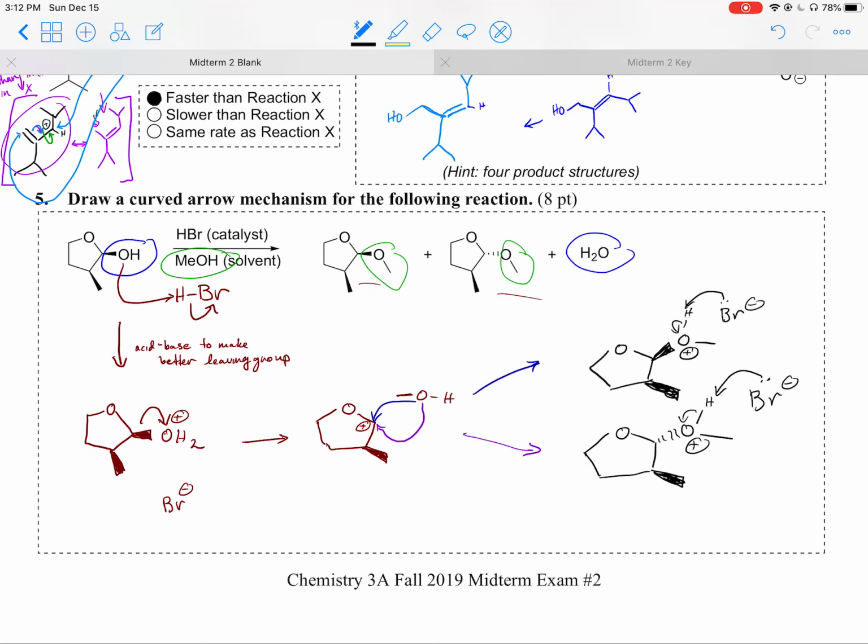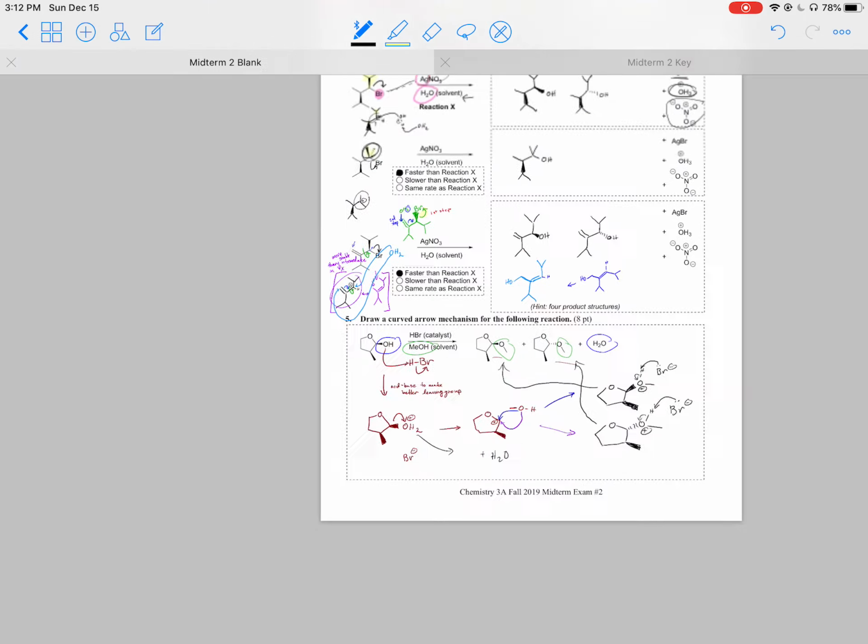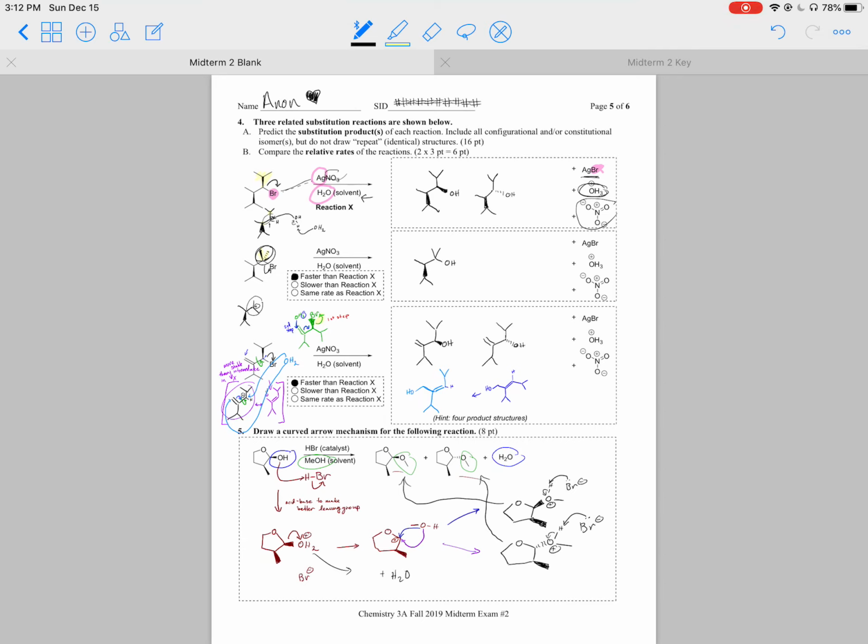And the electrons go to the oxygen, and that's what leads us to this one and this one. And we got the water right here, H2O, because that came from that leaving group. Okay, so that is page 5 of midterm 2 for Chem 3A. Thank you for watching.